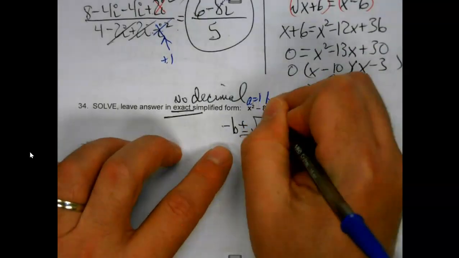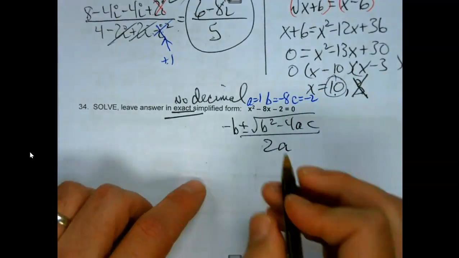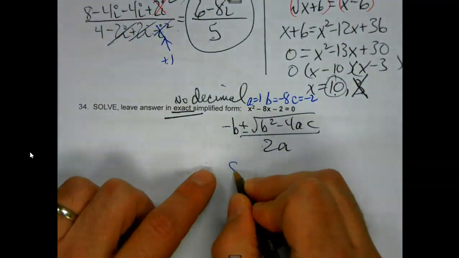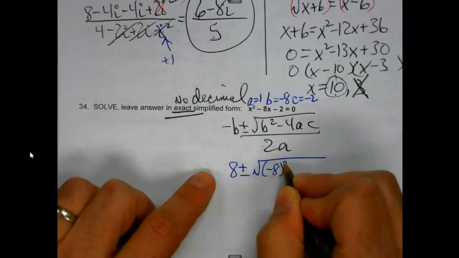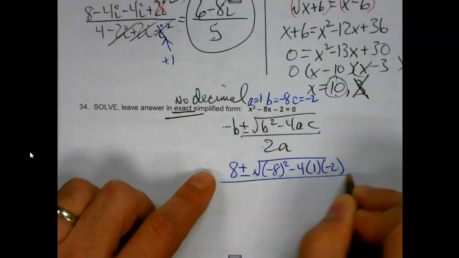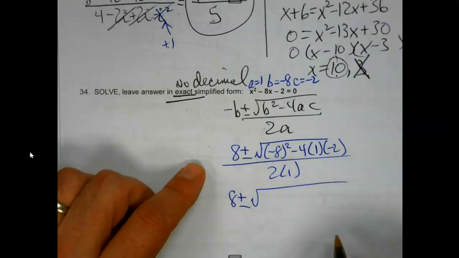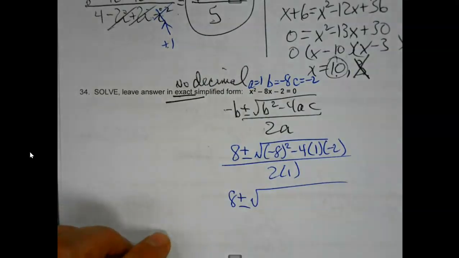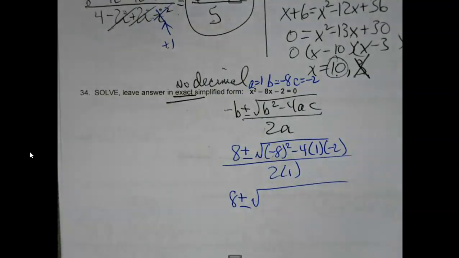A is 1, B is negative 8, C is negative 2. Opposite of B, plus or minus the square root of B squared minus 4AC all over 2A. Let's do this. If you want to put it in the calculator, I would put this in my calculator without the radical.